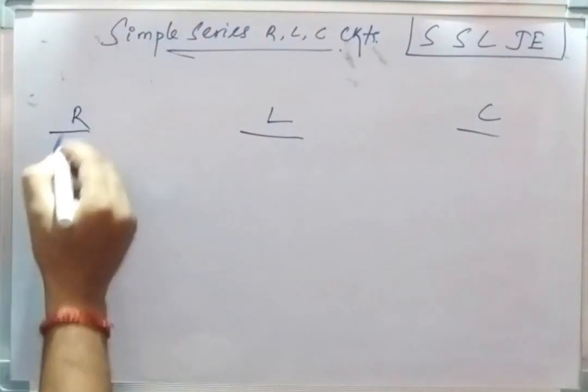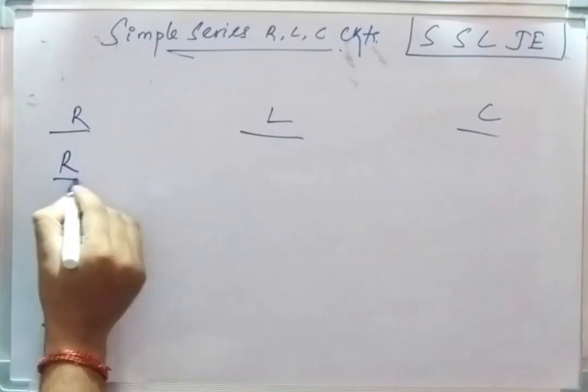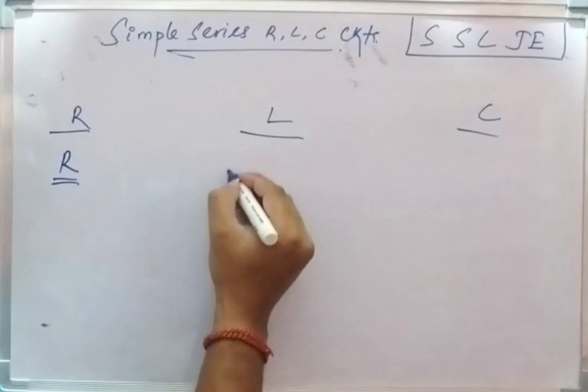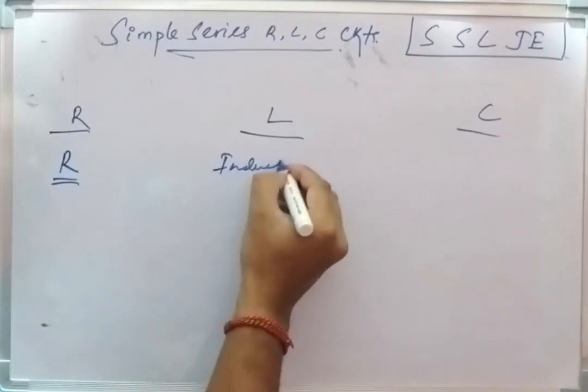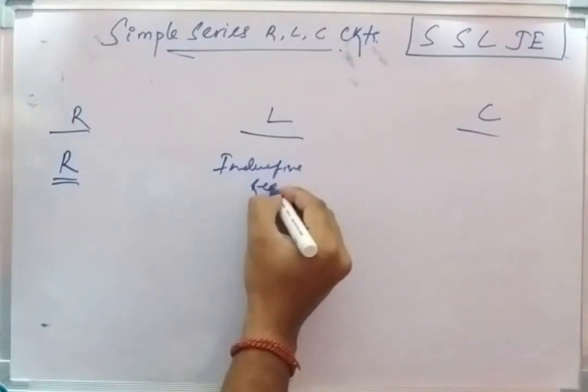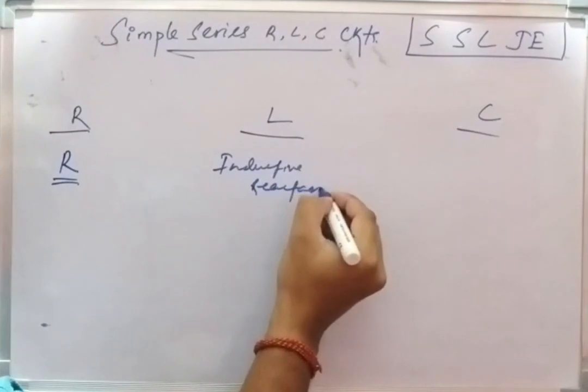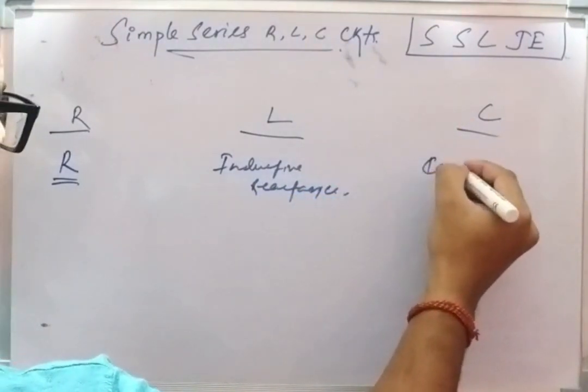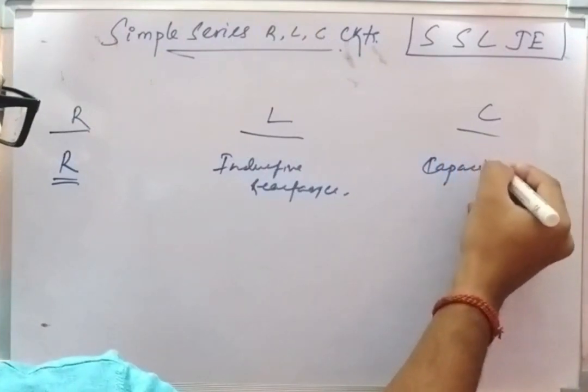So resistance has a resistance value, an inductor has a reactance value, inductive reactance you can say, and a capacitor has a capacitive reactance.